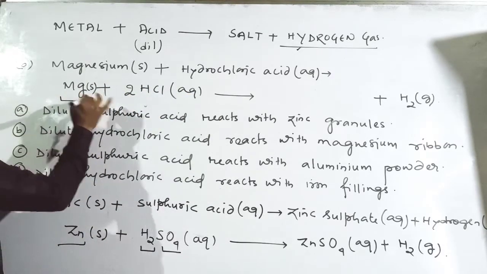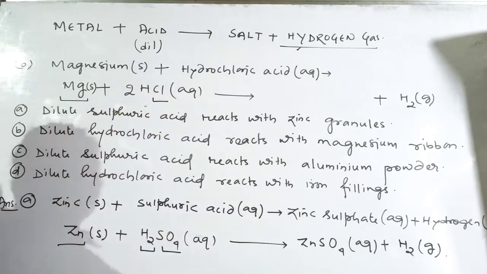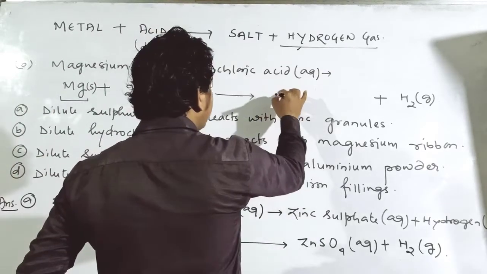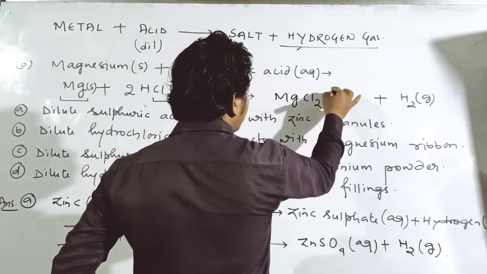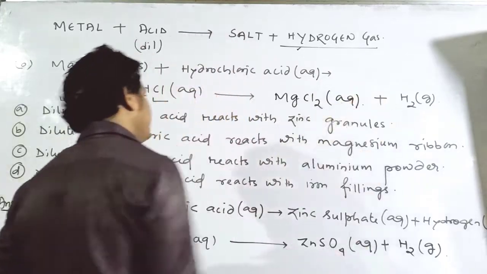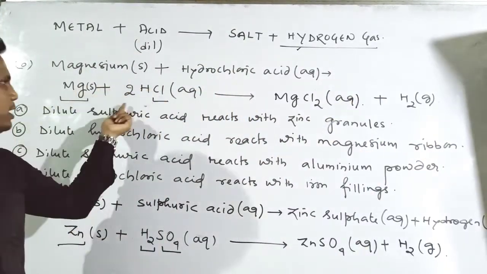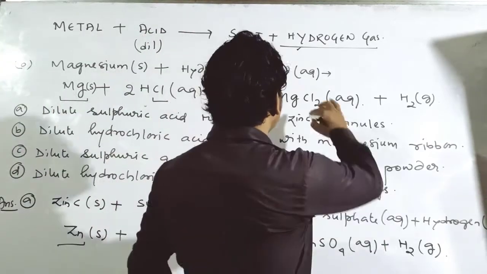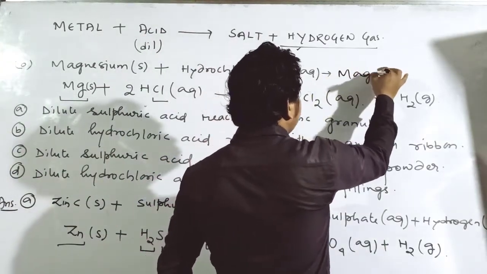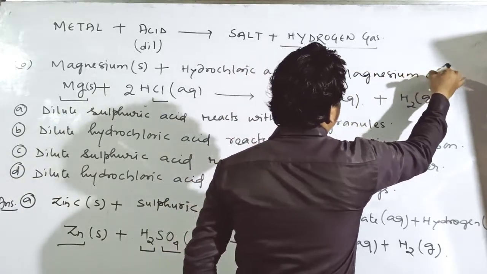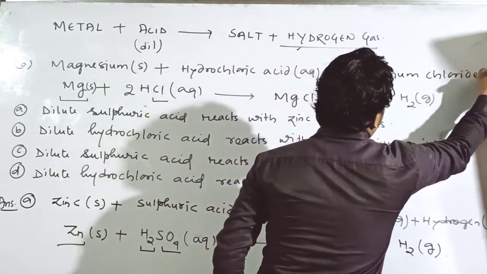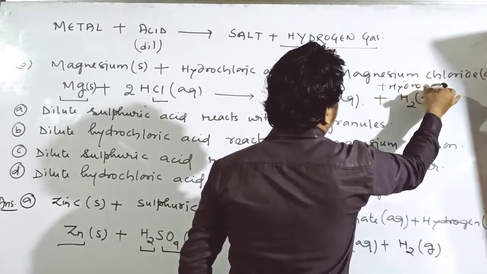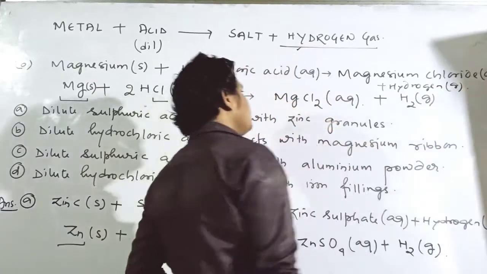Here Mg, and here Cl2. So the salt will be MgCl2 in aqueous water. So the product will be magnesium chloride aqueous plus hydrogen gas.